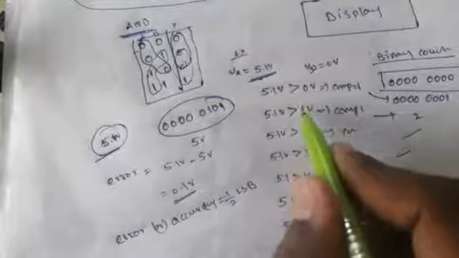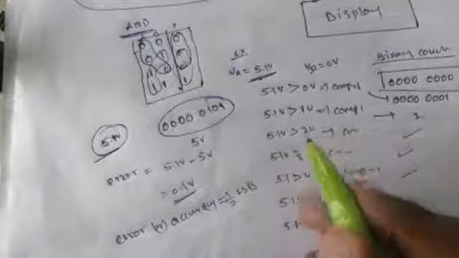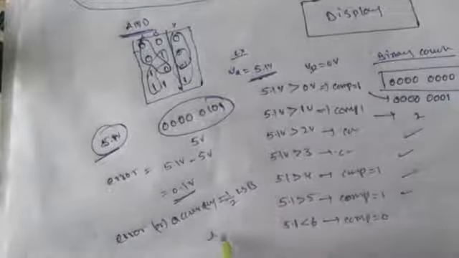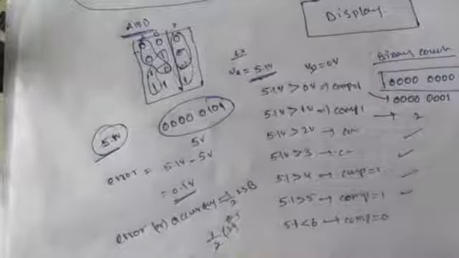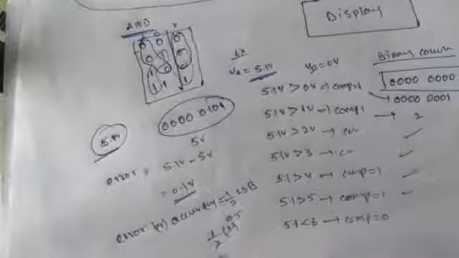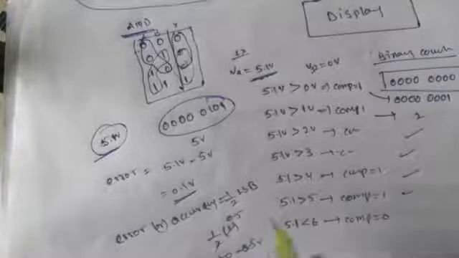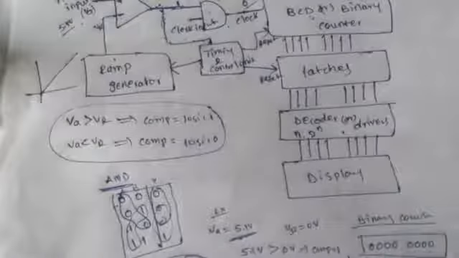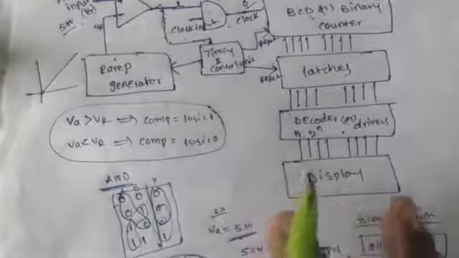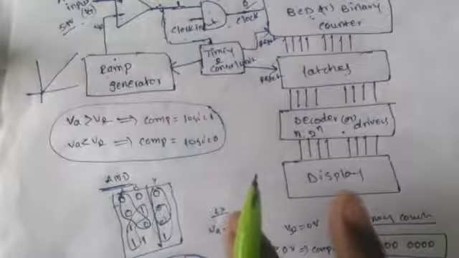Here LSB means one unit increment. So 1 by 2 into 1 is 0.5, and plus 0.5 to minus 0.5 is the acceptable error. In our circuit, the error is 0.1 volts.